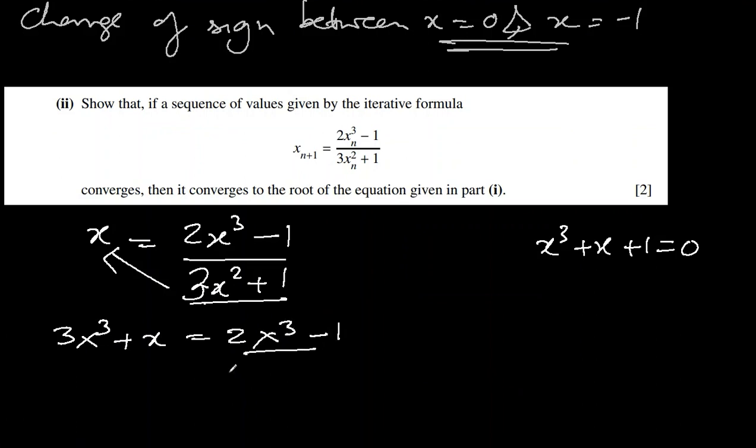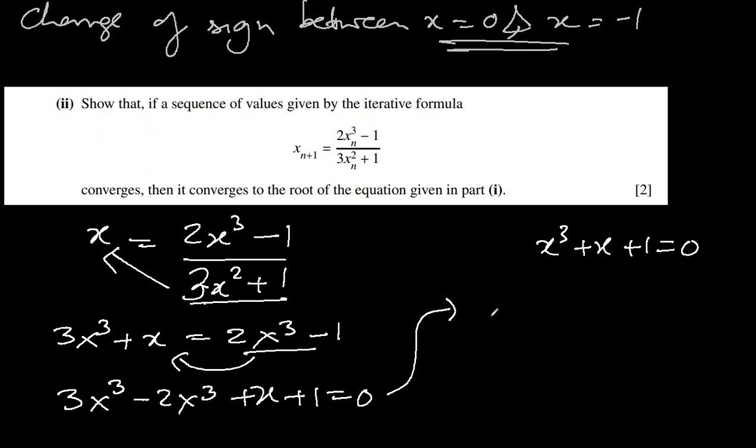Let's take this to the left side. 3x cube minus 2x cube, then we have plus x here, and this minus 1 will become plus 1, and we'll be left with nothing on the right side, so that is 0. So 3x cube minus 2x cube is x cube, and then we have x, and then we have 1 equal to 0, which is exactly what they want. We showed that we get the same roots with this iterative formula as well.